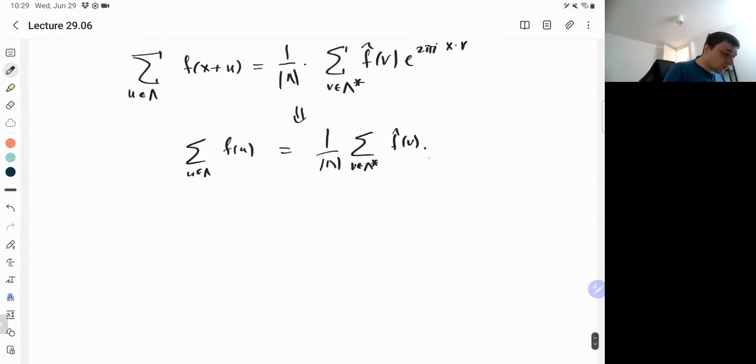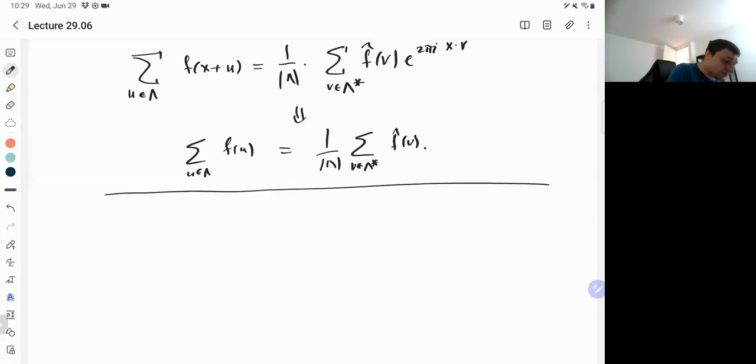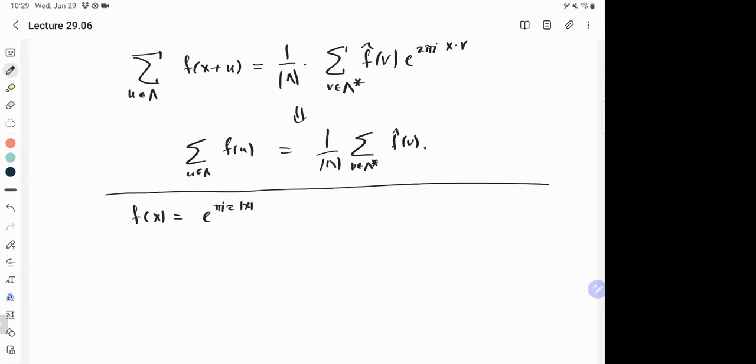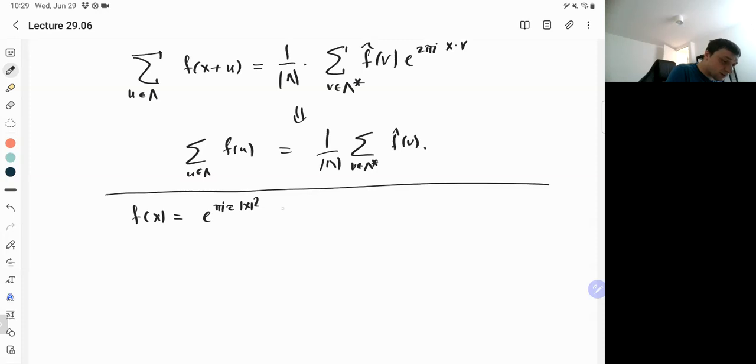And so what we want to do now is pick some nice function f for which we know both f and its Fourier transform, and see what this tells us. Probably the nicest thing you can do is take f to be a Gaussian. The reason this is so good is that if you compute the Fourier transform, it's again a Gaussian with a different parameter.